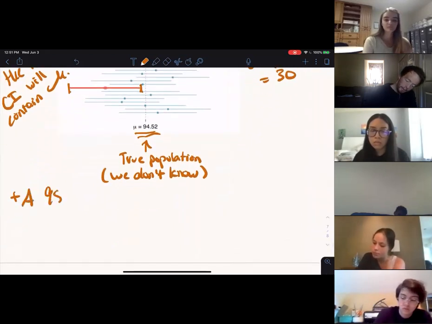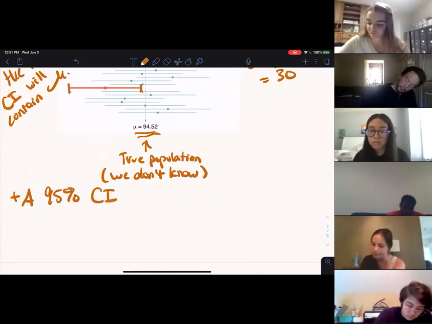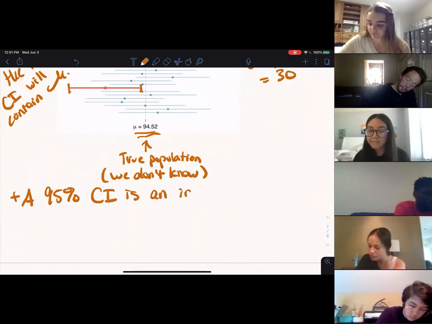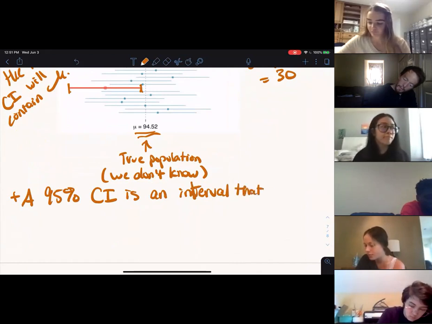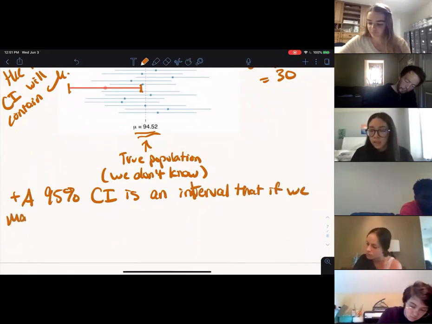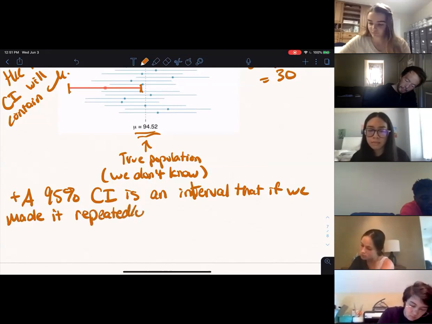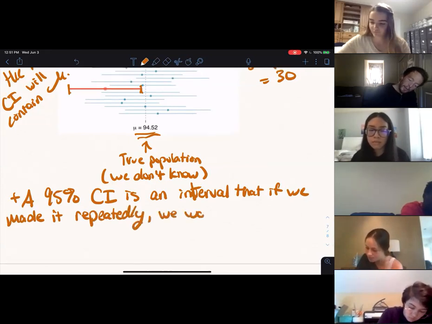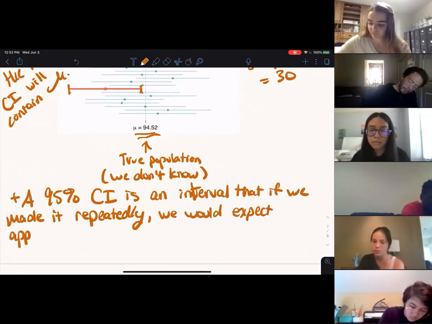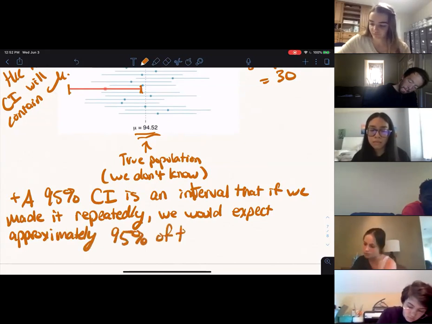A 95% confidence interval is an interval that, if we made it repeatedly, we would expect approximately 95% of them to contain mu.